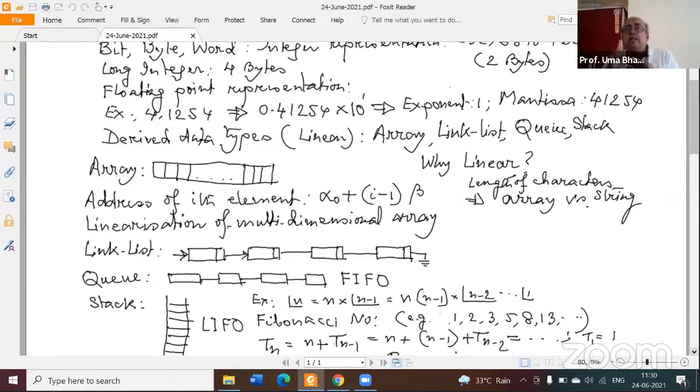So array, linked list, queue, stack. I am just introducing this for those who are serious computer science students. I suggest very emphatically, don't ignore the topic data structure. There are plenty of very good books. Horowitz and Sahni you can follow. Unless you understand data structures very well, you cannot understand algorithms to that extent.